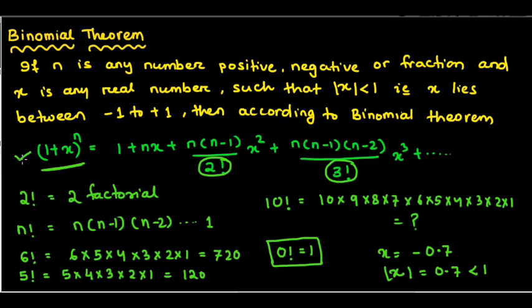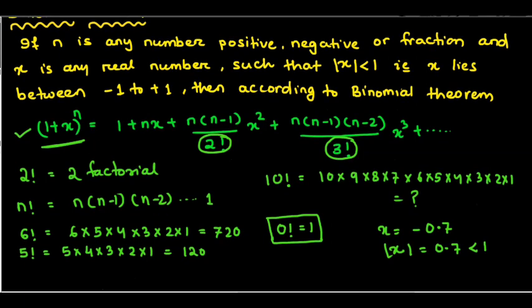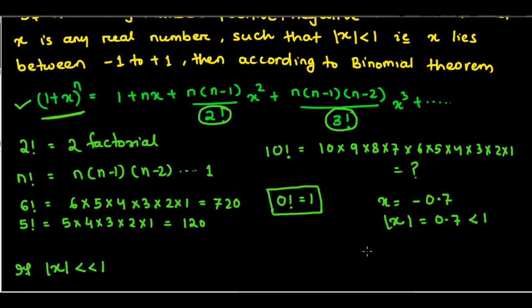But if the magnitude of x is very small as compared to 1, for example, if the value of x is equal to 0.00003, you can see that this value has 4 zeros and then I have a 3. So the magnitude of this x is very small as compared to 1.